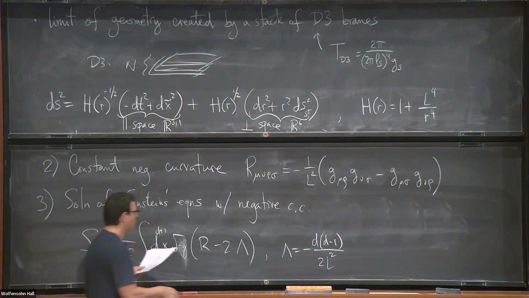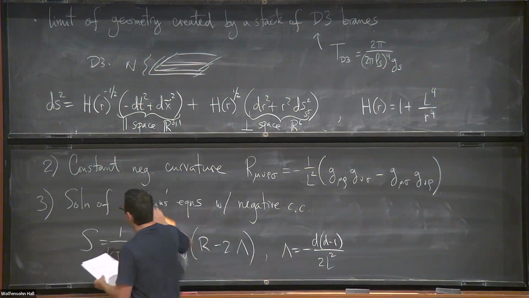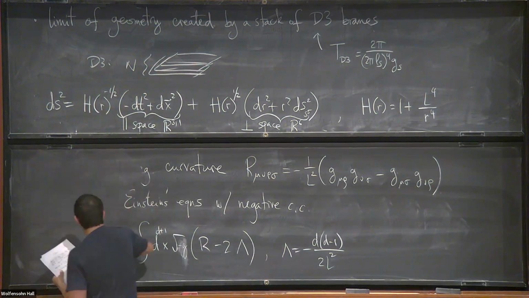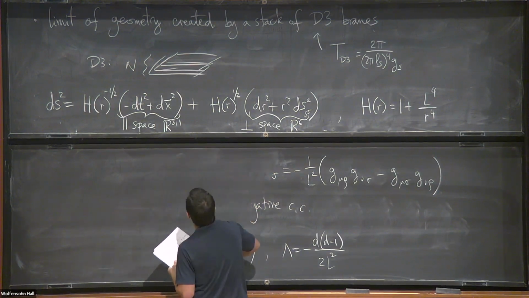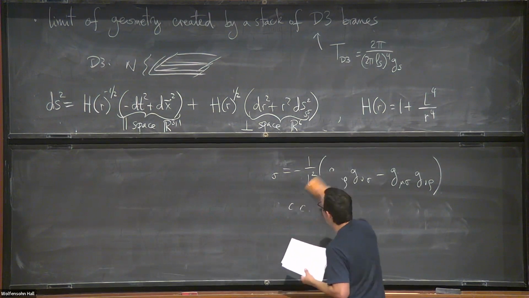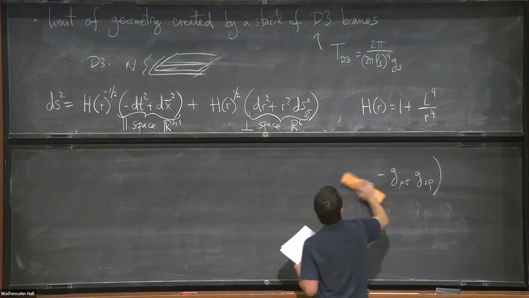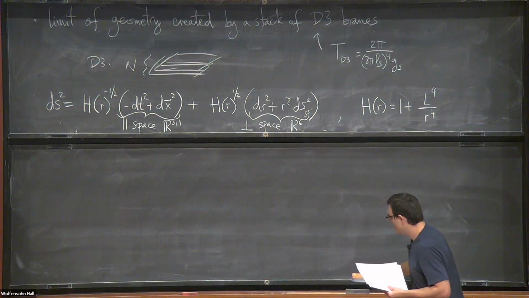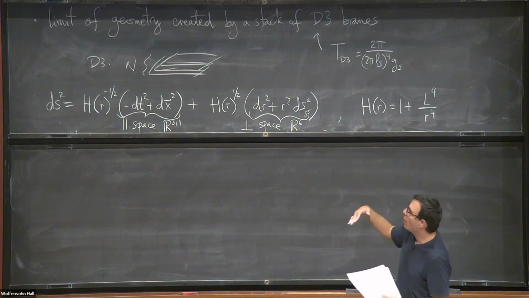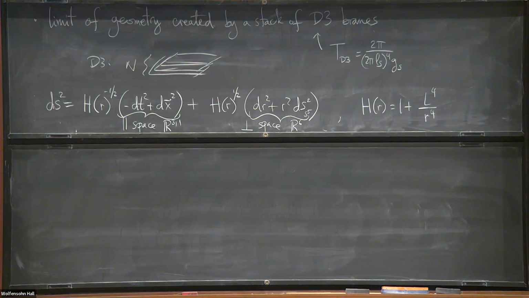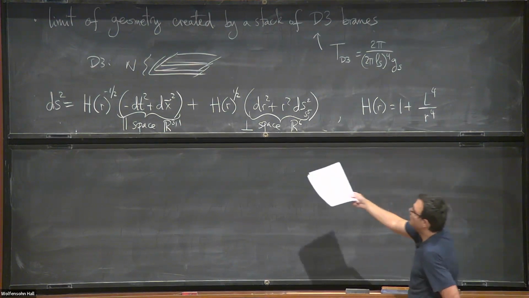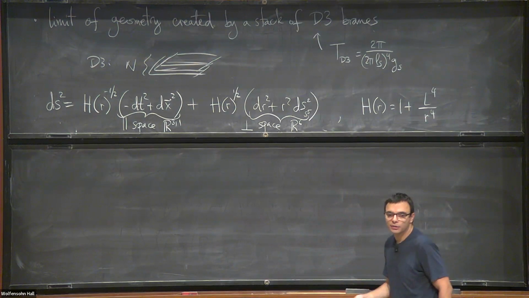So if we zoom in close to the branes, then that space is AdS5 times S5. Otherwise, this space created by the branes is asymptotically flat because this function H goes to 1 at infinity. When we're very far from the branes, where r is the distance away from the branes, when r is very large, then H is 1, and the space just becomes flat 10-dimensional space.